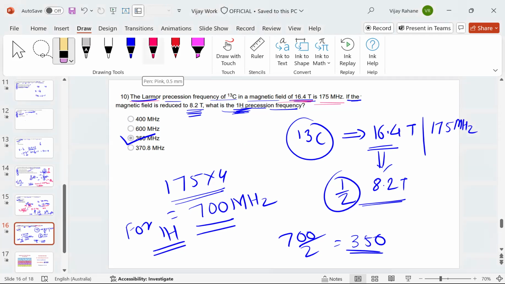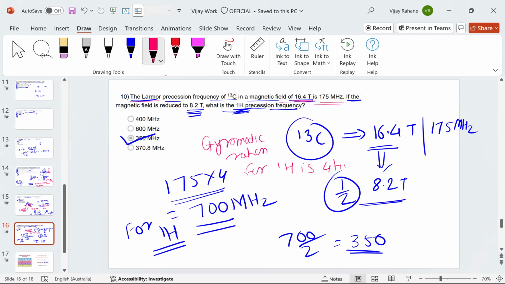Okay, sir. Thank you for this. Yeah, you can check the exact value of the gyromagnetic ratio, but let's say the gyromagnetic ratio for 1H is 4 times higher than 13C. So that's why I directly correlated that one.